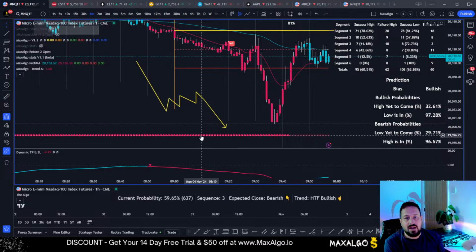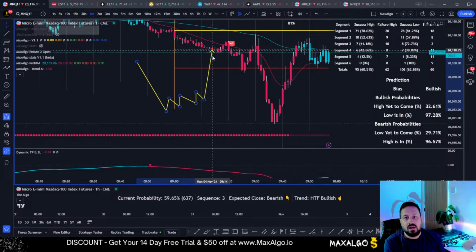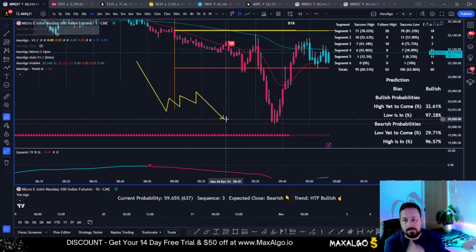And the trend AI should give you that kind of directional idea, where when we have a strong trend, it's more likely that we're going to go bearish. When we get a transition, that's where a lot of the time we're not going to carry on bearish. We're going to flip and go bullish.